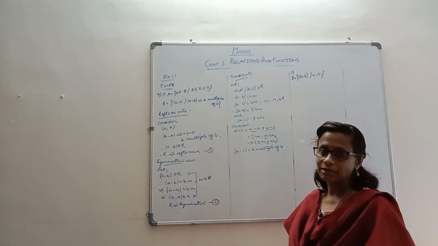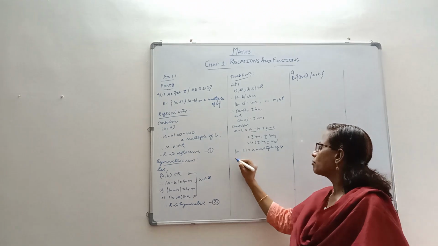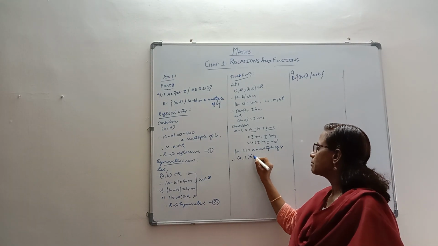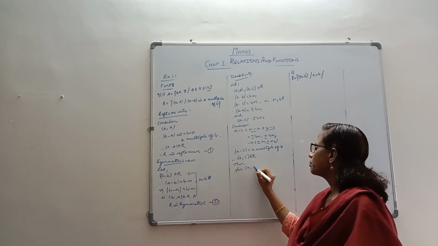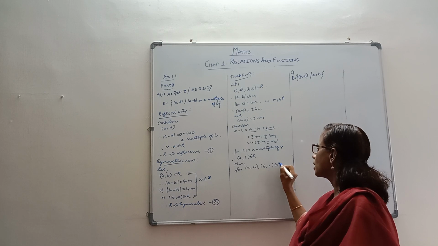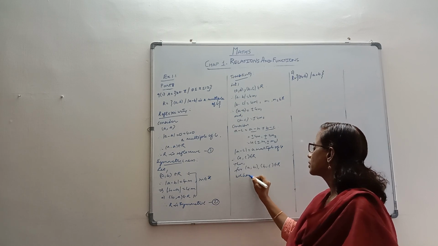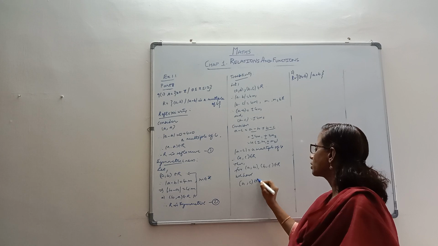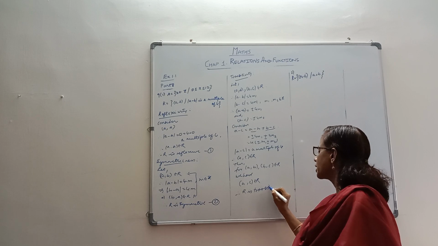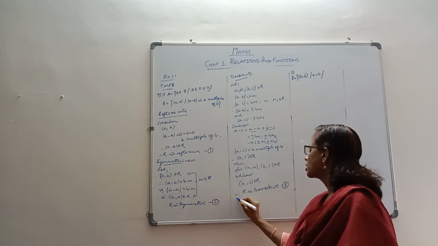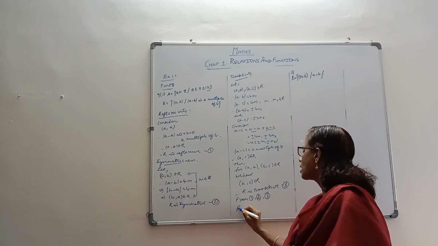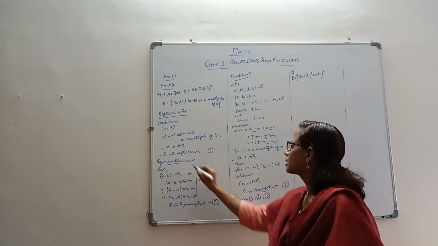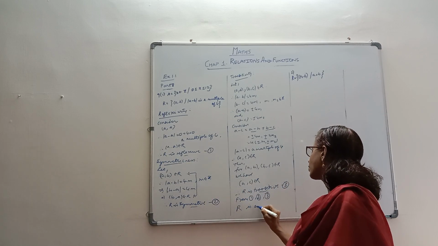So a minus c belongs to R. Thus, for a comma b and b comma c belonging to R, we have a comma c belonging to R. Therefore R is transitive, equation 3. So from 1, 2 and 3, R is an equivalence relation.